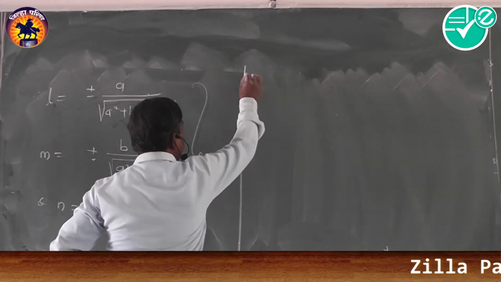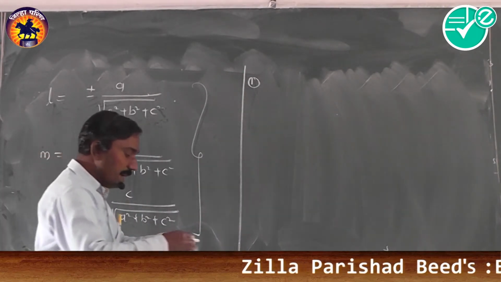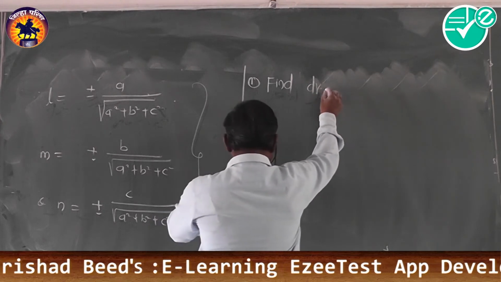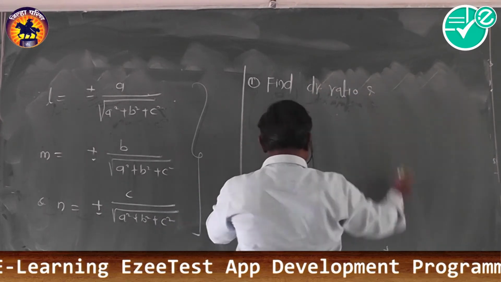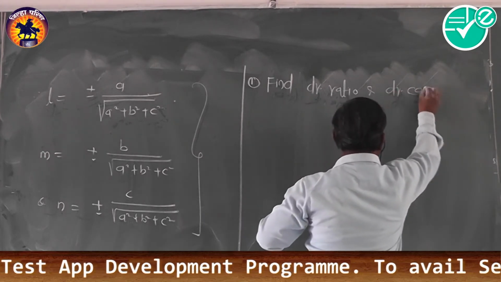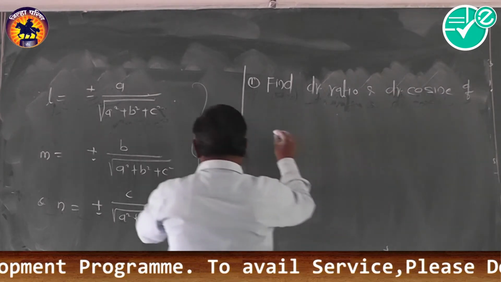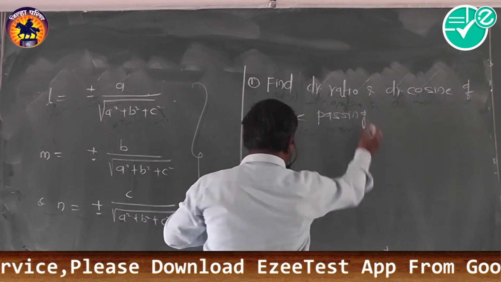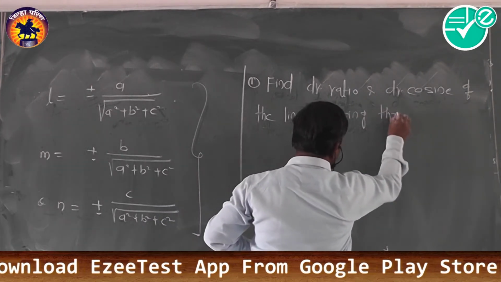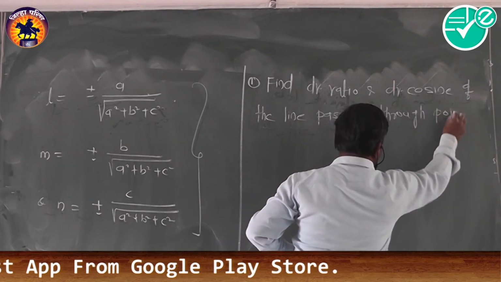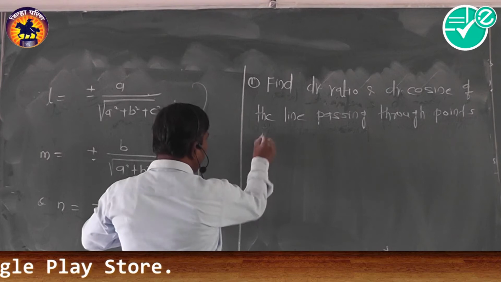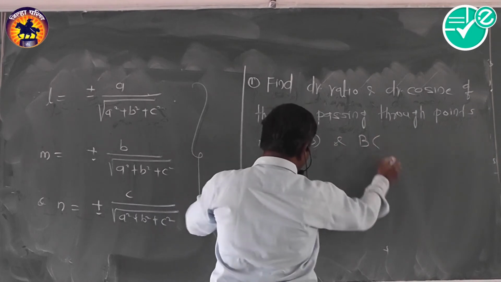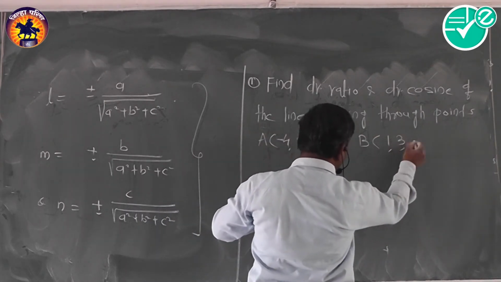Find direction ratio and direction cosine of the line passing through points A(minus 4, 2, 3) and B(1, 3, minus 2).